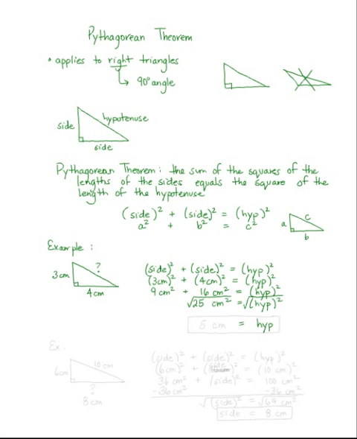On the left side, the square root of 25 is 5, and the square root of centimeters squared would be centimeters. So in our problem, if one side is 3 centimeters and another side is 4 centimeters, then our hypotenuse must be 5 centimeters in this right triangle.